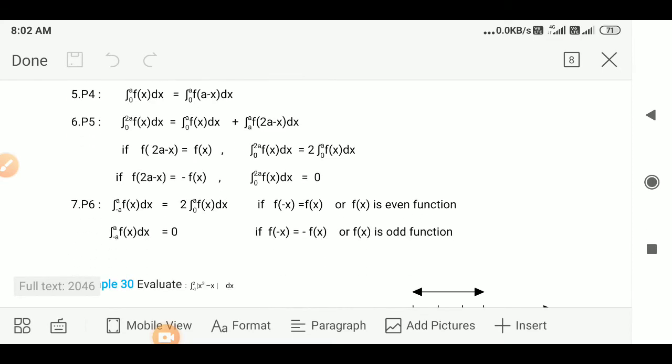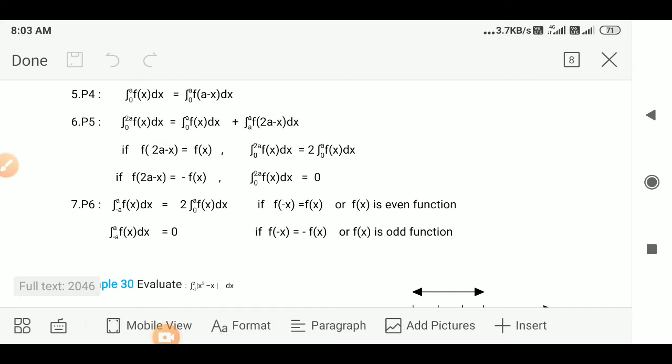Property number 7, integral minus a to a f(x) dx is equal to twice integral 0 to a f(x) dx if f(minus x) is equal to f(x), or we can say the function is even. A function is called even when f(minus x) is equal to f(x). And integral minus a to a f(x) dx will be 0 if the function is odd.